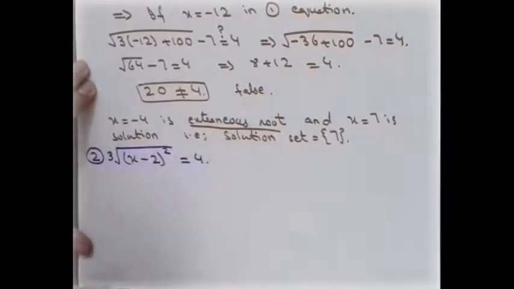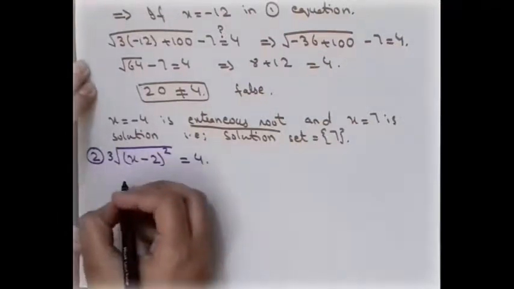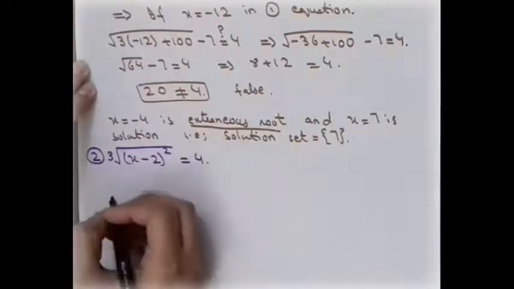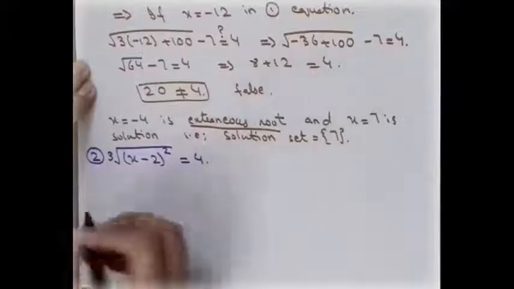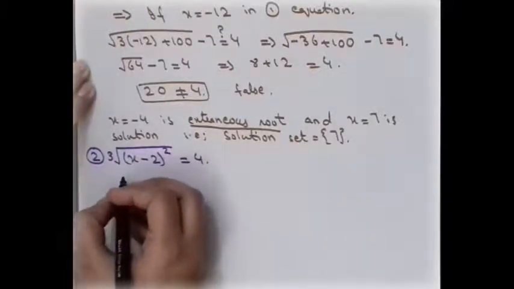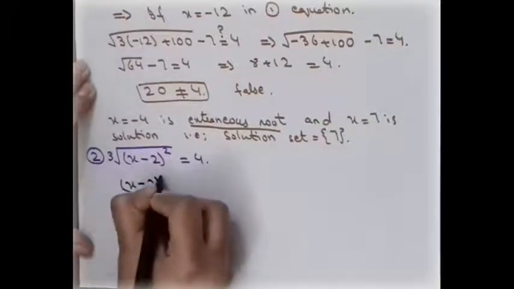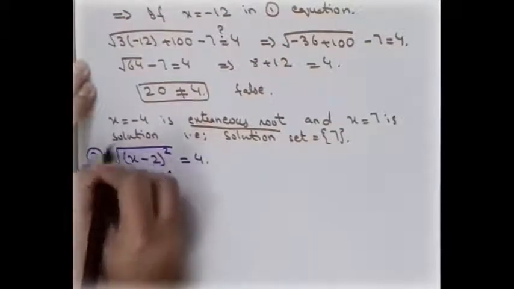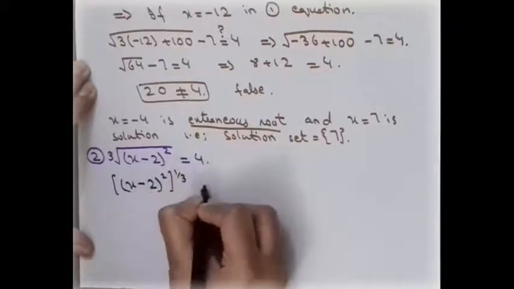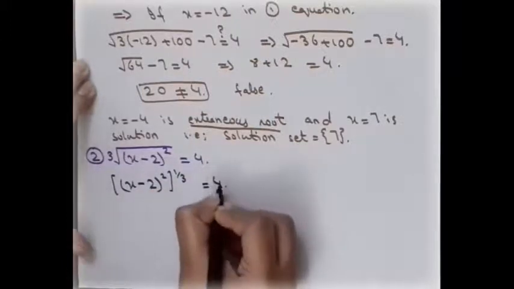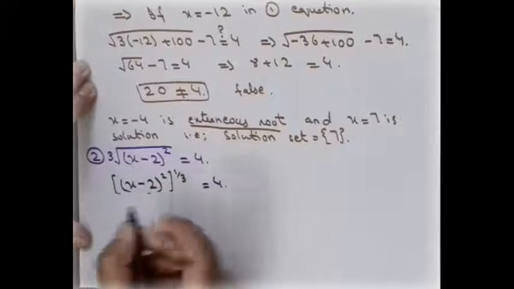In this type of question, how to solve it? We follow the steps that are already described at the starting of the video. So you follow these steps. (x minus 2) square, we write this radical form as 1 over 3, which is equal to 4. Basically we aim to remove this radical sign.